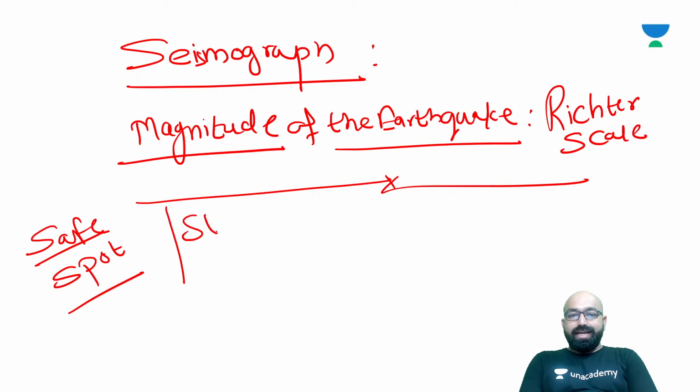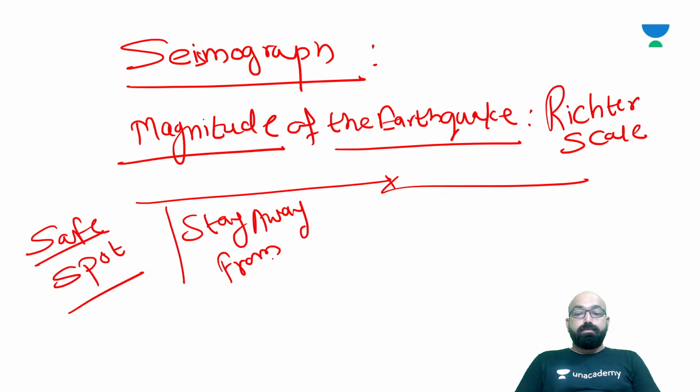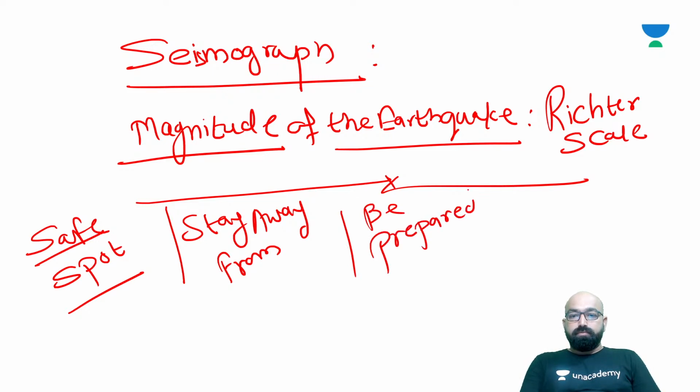Then second is stay away from fireplaces, areas around chimneys, windows that shatter including mirrors and picture frames. Then be prepared, spread awareness among your friends and family members, and face any disaster confidently. So this is the earthquake preparedness.